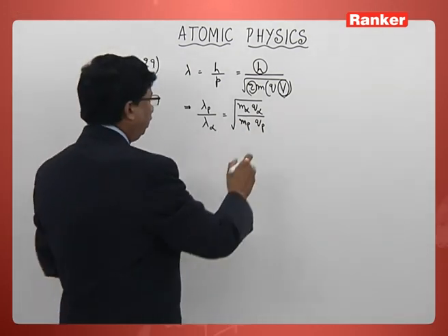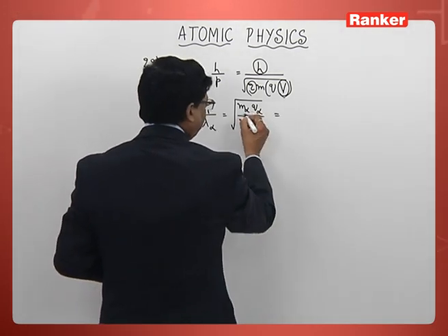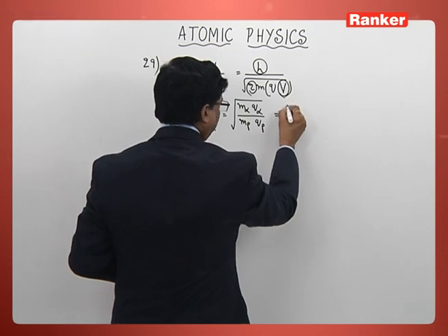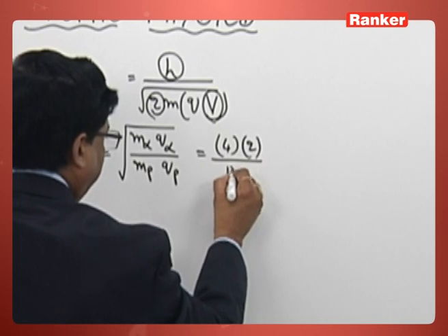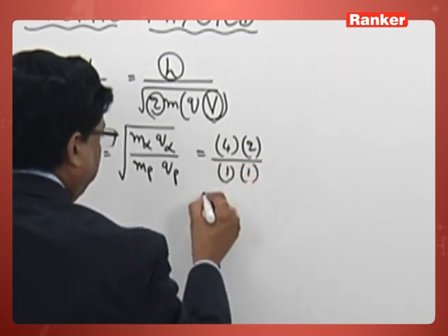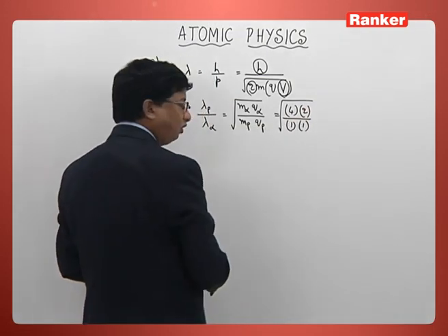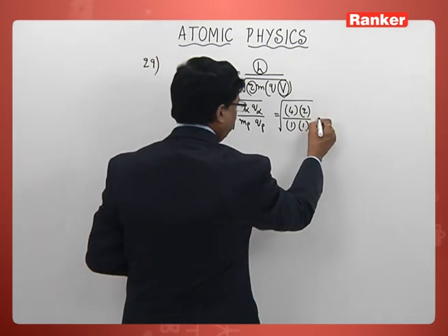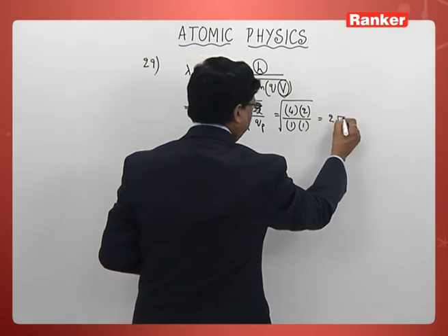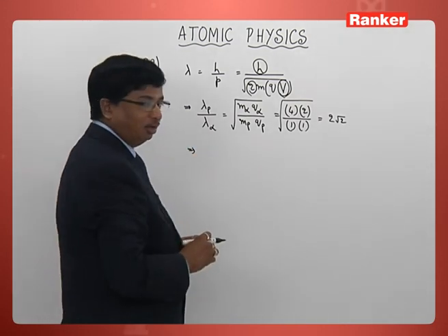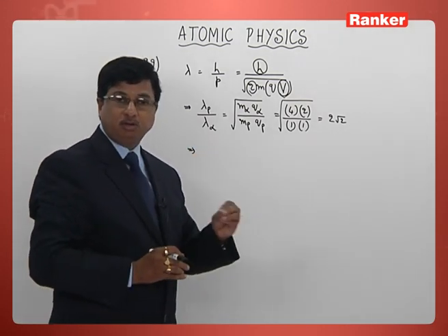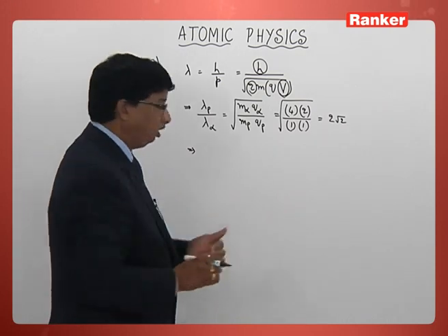So what can we write now in this case? Mass of alpha particle is 4 units, charge is going to be 2 units, divided by mass 1 unit for a proton and charge also 1 unit for the same proton. So it comes to be 2√2. So what is the question he is asking? What is the de Broglie wavelength of the alpha particle?